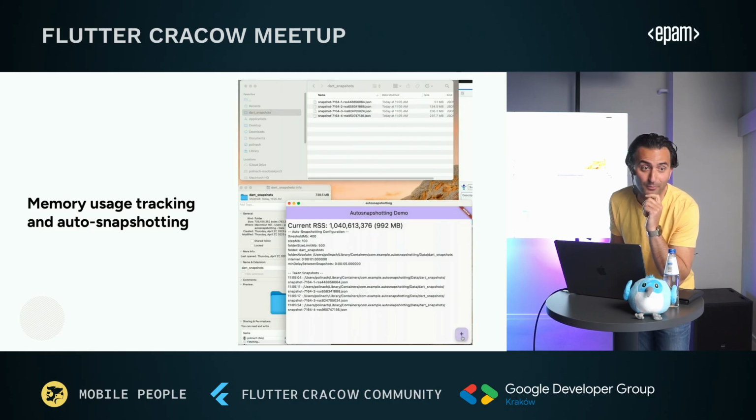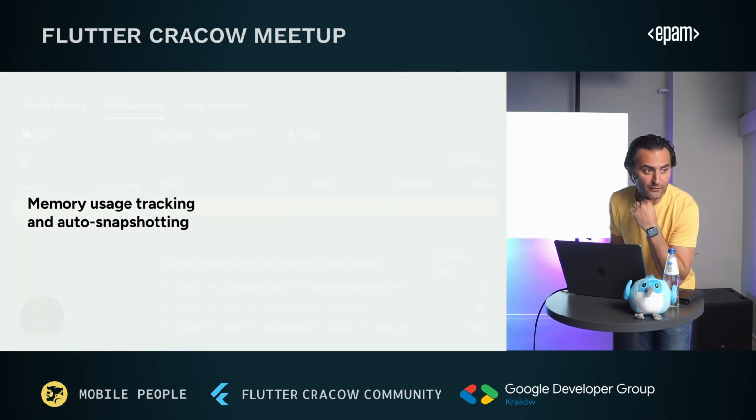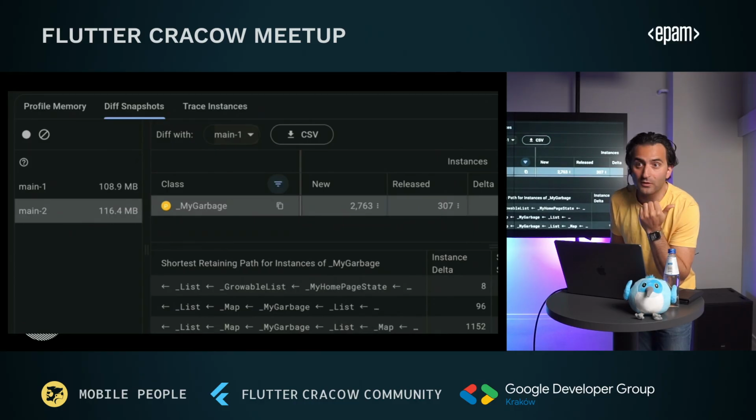That was quite interesting for me. This is quite fascinating, to be honest. You start using your application, and the package takes the snapshots when it's necessary. Then you can open DevTools, take a look at the snapshots, and figure out what is really causing any kind of problem. This is nice.